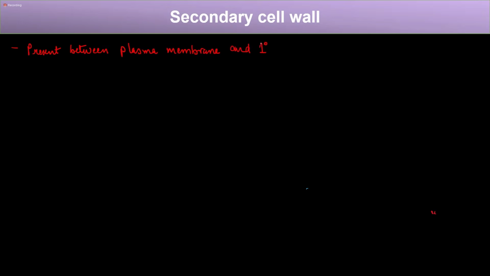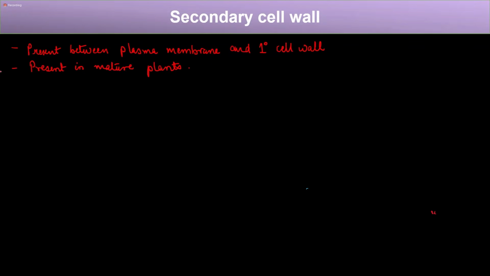This is how I am denoting the primary cell wall. Now, these cell walls are present in mature plants.